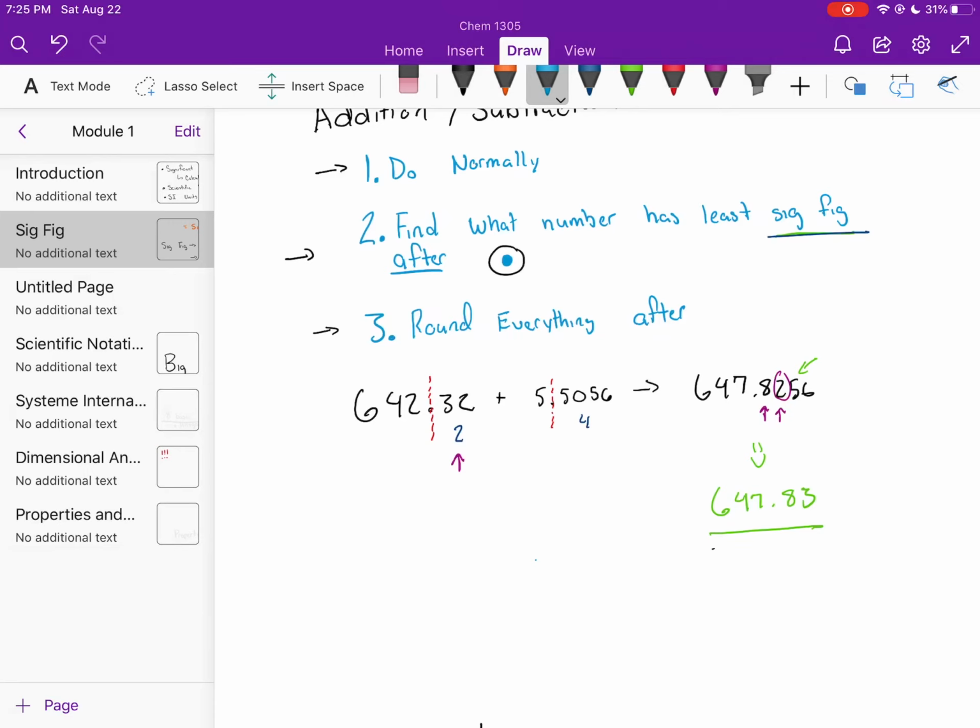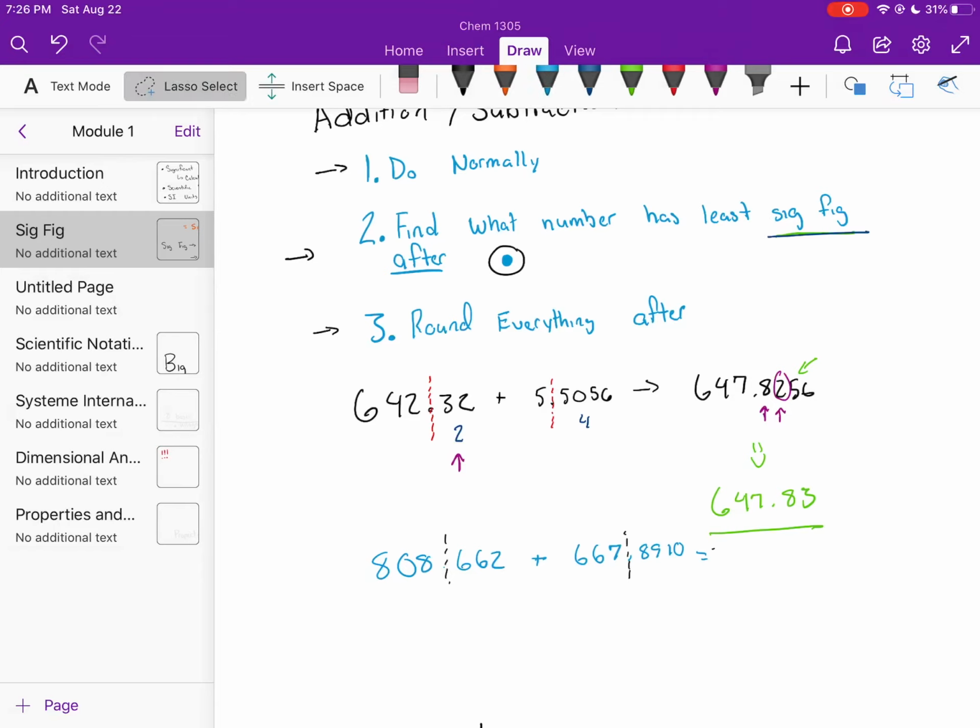I'm going to make this number off the top of my head: 808,662 plus 667.8910. Let's look at this. Draw our line. Let's do it normally.